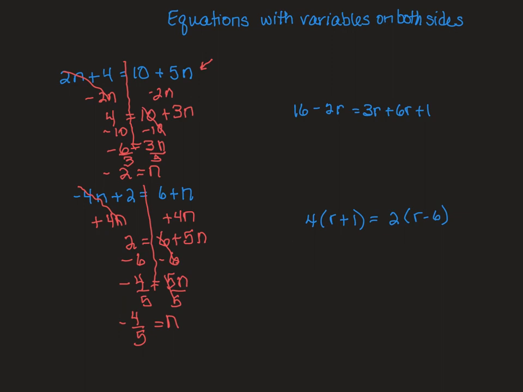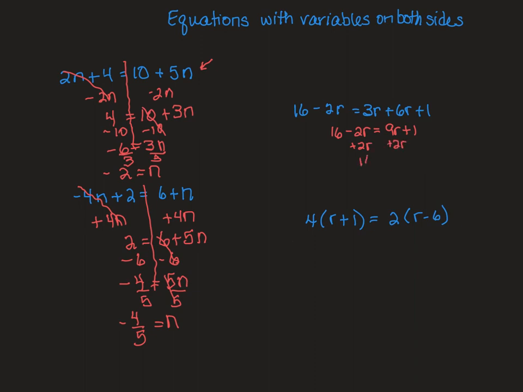So on this side, the first thing I'm going to do is I'm going to have 16 minus 2r equals 9r plus 1. And the right side has the most r's, so I'm going to add 2r, plus 2r, okay?